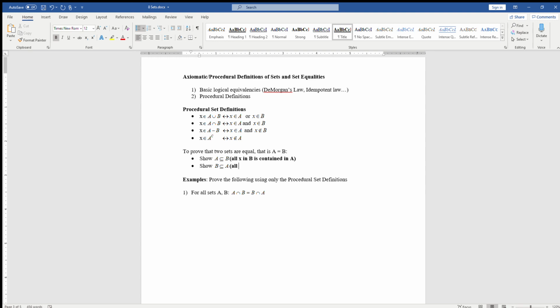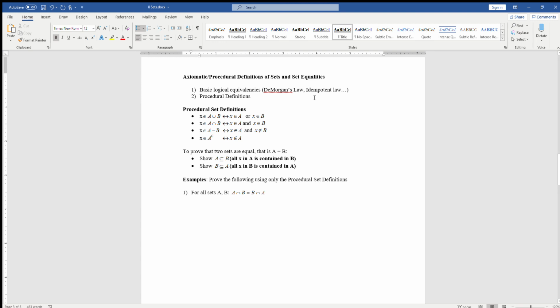We'll have to show that all x in A is contained in B. Other way around, excuse me. So A is a subset of B if all x in A is contained in B, and then all elements in B are contained in A.